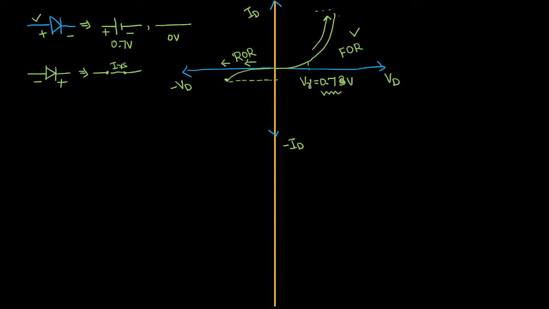Now your diode tries to carry a very small amount of leakage current, that too in nanoamperes. Under that situation, if you observe the voltage, its corresponding voltage is called maximum breakdown voltage, VBD. BD denotes breakdown.